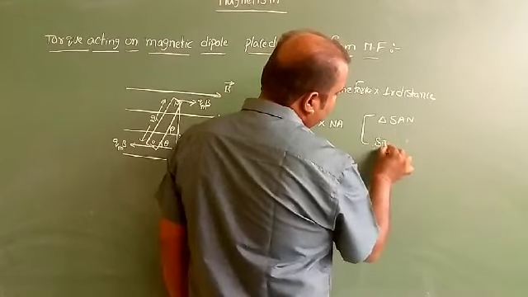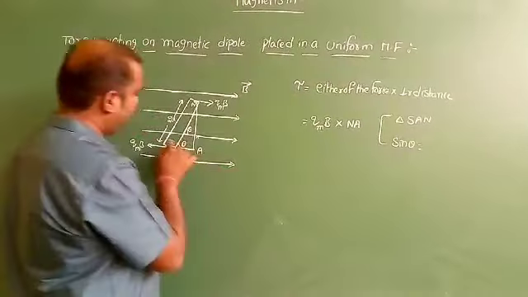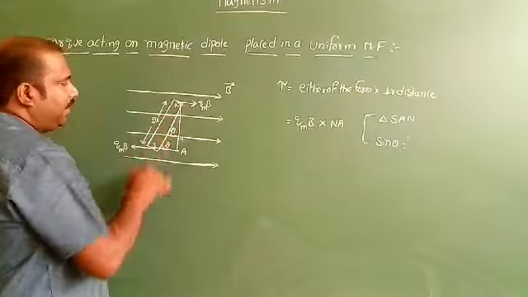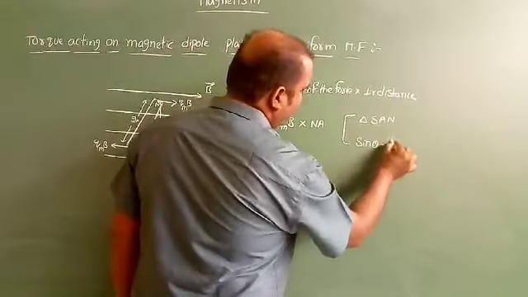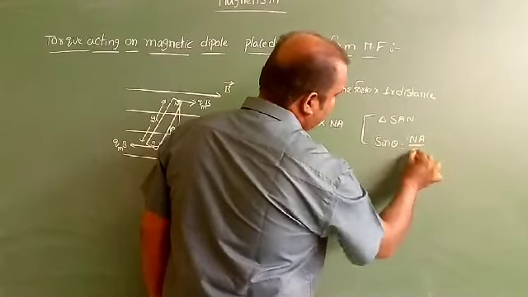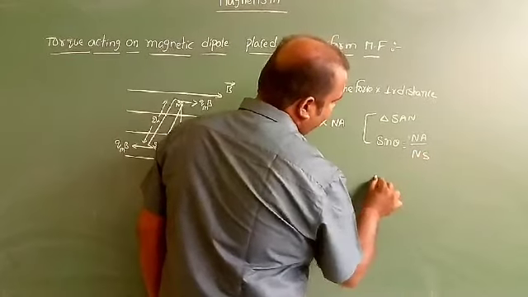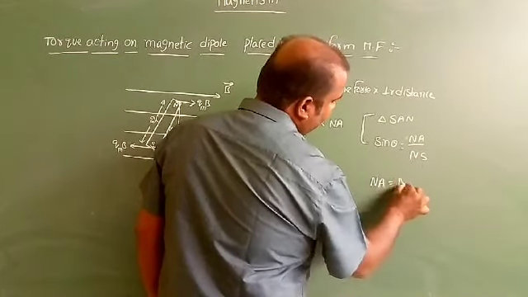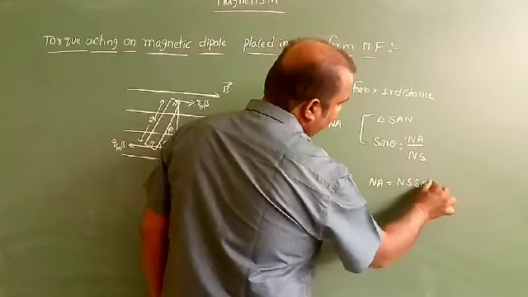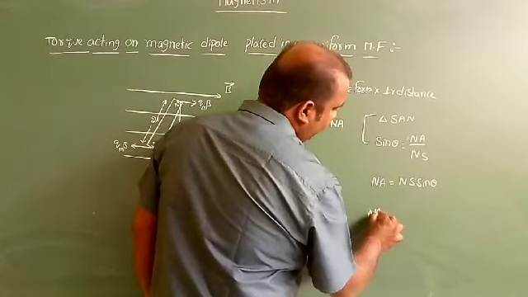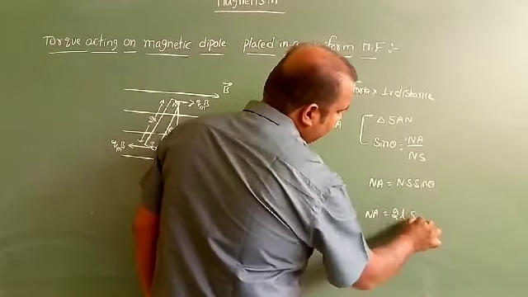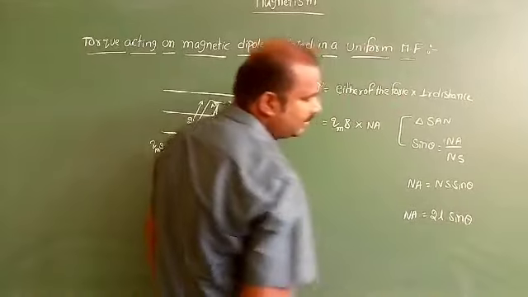In this, sin theta is equal to opposite by hypotenuse. Opposite is NA, hypotenuse is NS, so NA is equal to NS sin theta. NS value is 2L, so NA is equal to 2L sin theta.